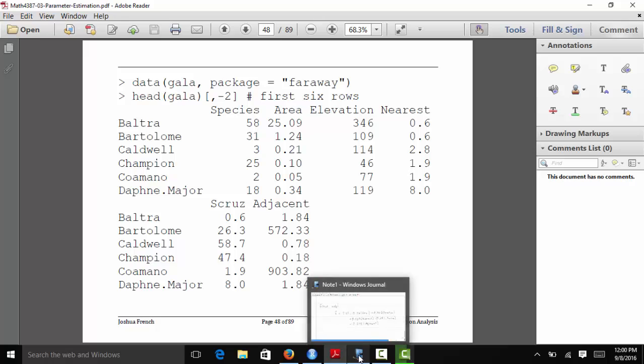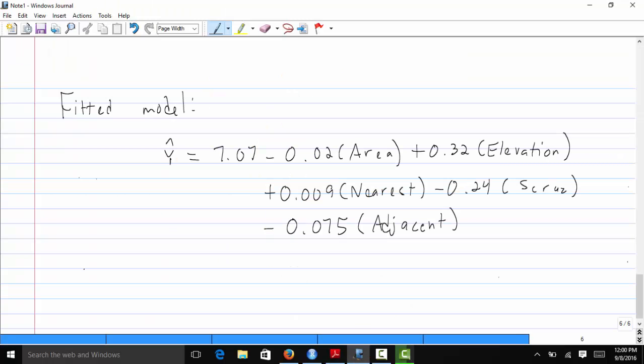So the first fitted value, y hat 1, is going to be 7.07 minus 0.02 times 25.09. And I'm rounding a lot here. You shouldn't actually be doing that in the computation, but I'm writing out the rounded result for simplicity.